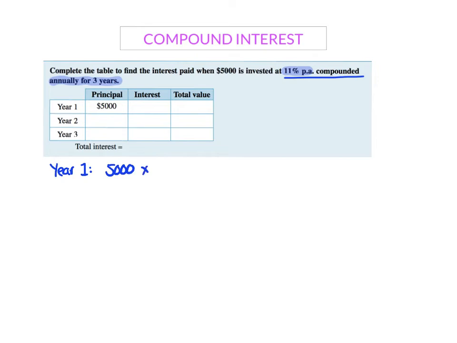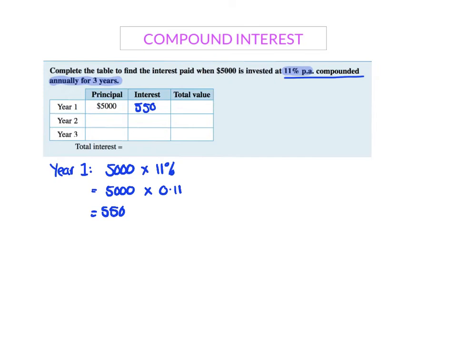So I'm going to times it by 11%. So 5,000 times by 0.11, and I'm going to get the interest that I earn in the first year. Okay, so in the first year, that's 550. So in the first year, you earn 550 interest.